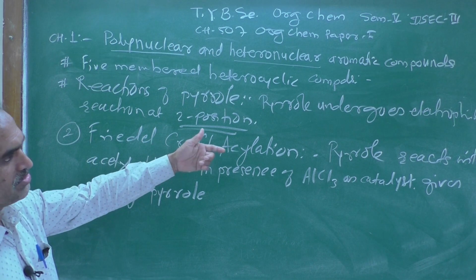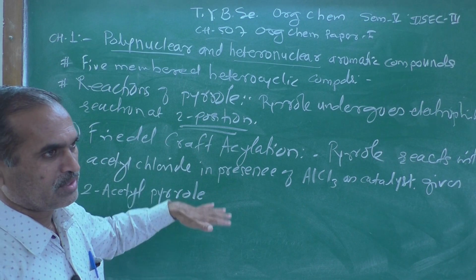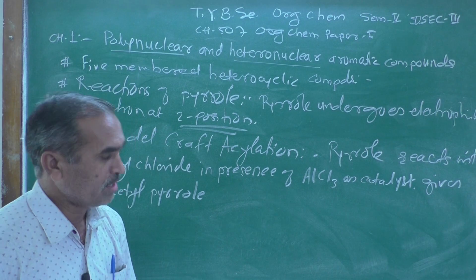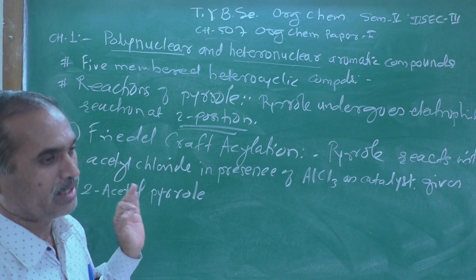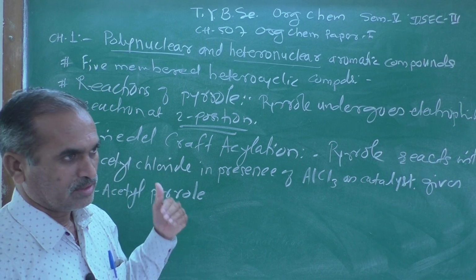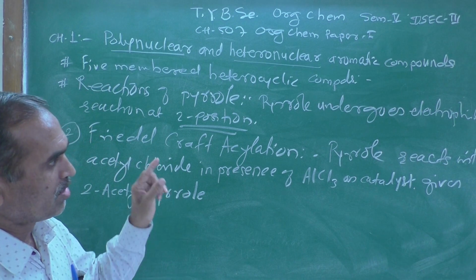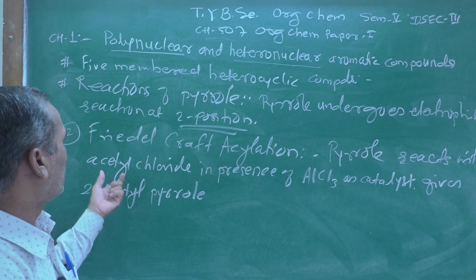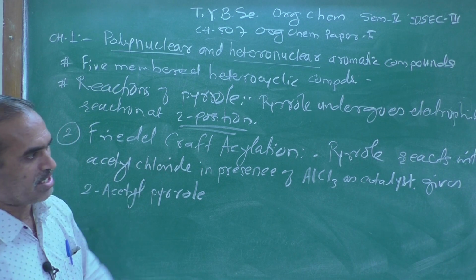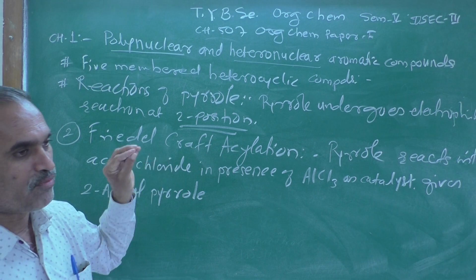This reaction is so simple, the Friedel-Crafts acylation reaction, and this reaction only occurs in case of aromatic compounds. As we know, pyrrole is aromatic in nature, it is a 5-membered ring, and it is more aromatic in nature than benzene, and therefore pyrrole reacts with acetyl chloride in presence of AlCl3 as a catalyst.